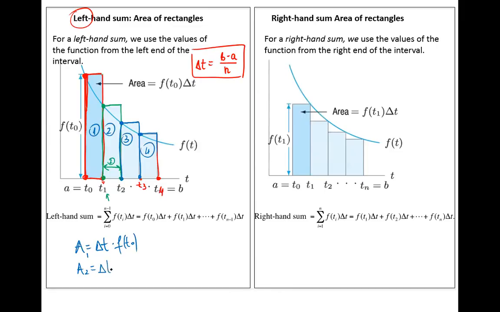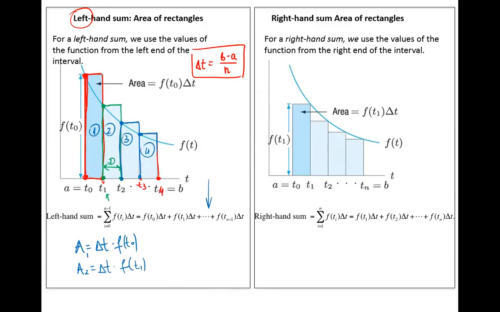The second will be base times the height, but the height is the green line, which is the value of the function for t sub 1, and so on. And then I can add all of them together to have my estimate. And we can see that I can have infinitely many of them, which then is a better approximation.